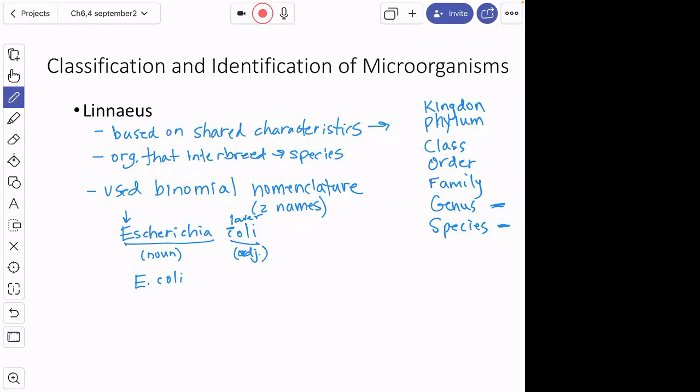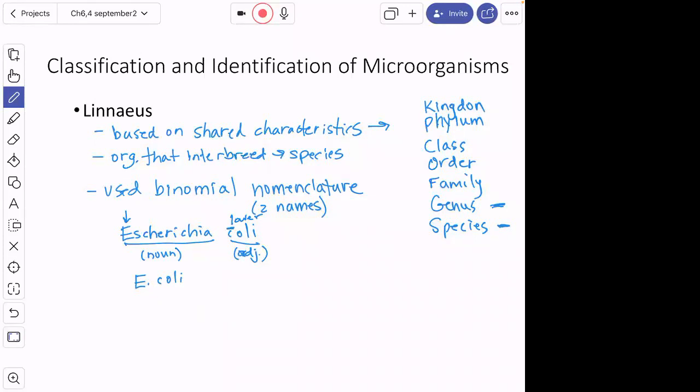So that's where we took Theodore Escherich, made it sound Latin, added the IE, so Escherichia coli. He named it Bacterium coli, bacterium of the colon. So it is kind of an adjective, sort of, if you look at it that way. We often pay homage to people that discovered the organisms when we're naming them.